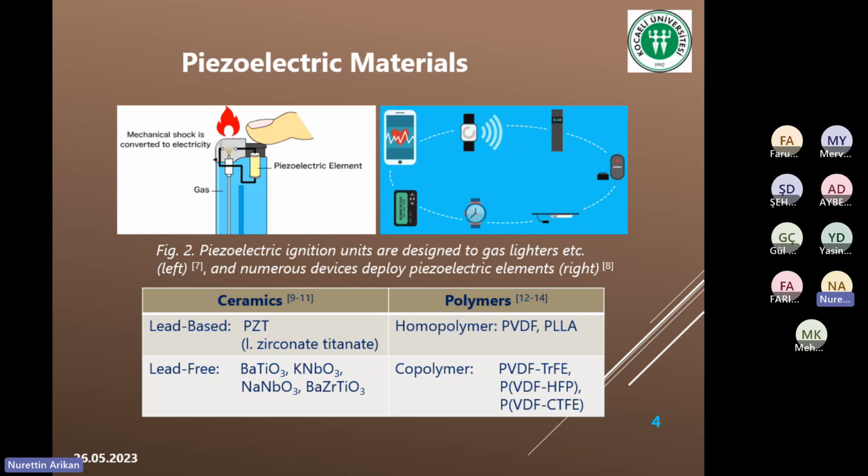And for polymers, polylactic acid, PLLA, or PVDF, polyvinylidene fluoride.